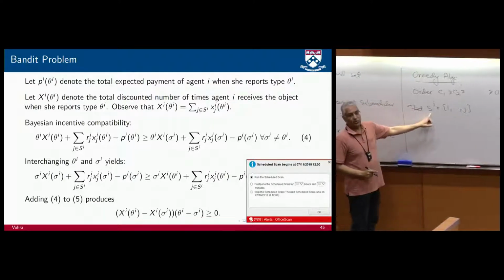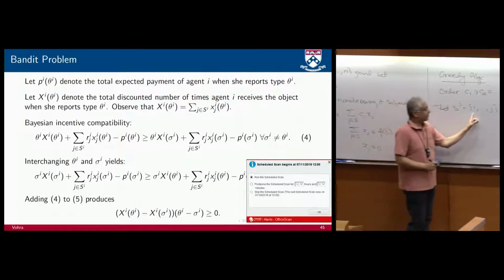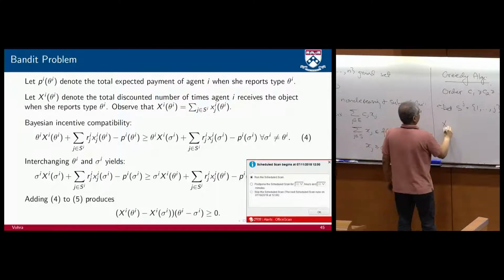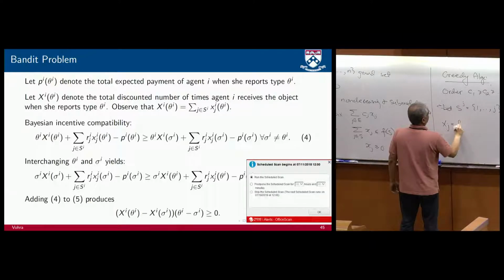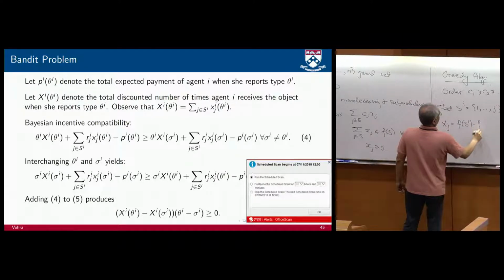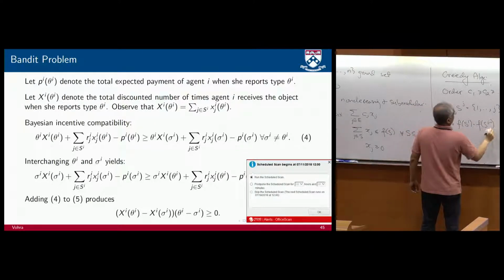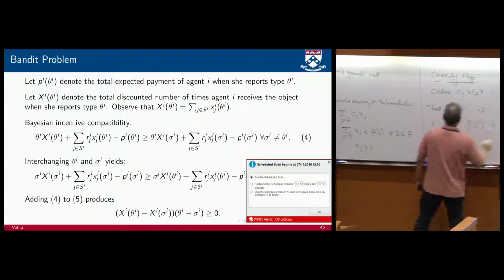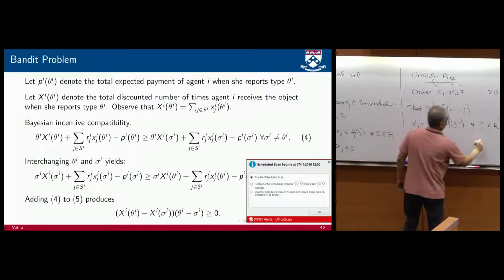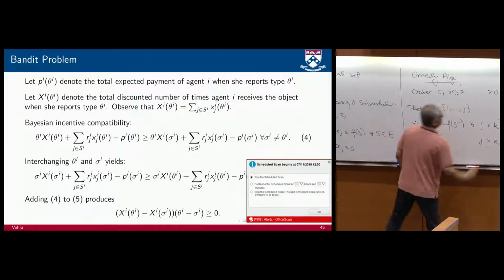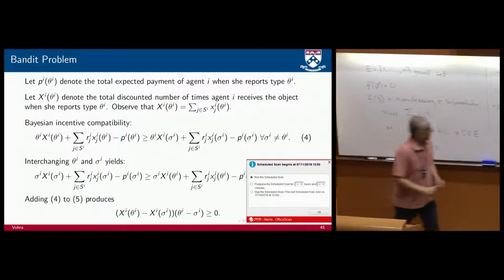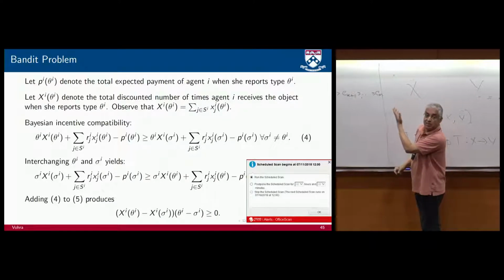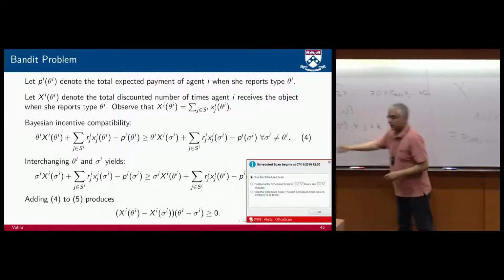Let S superscript j be the subset consisting of the first j elements according to this order. Anything with a negative coefficient, obviously we shouldn't pick. So that's this. All right?